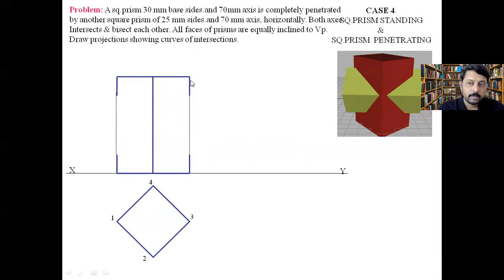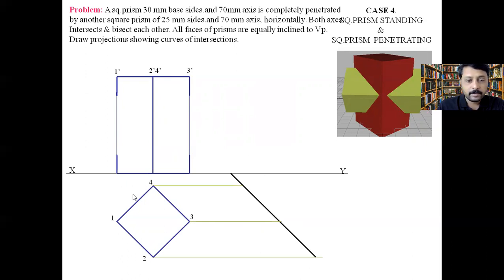So at first you can complete the view with thick lines, then later you can just rub and include the dash line. Also name this as 1 dash, 2 dash, 3 dash and 4 dash. 1, 1, 2, 2, 3, 3, 4, 4. This is how we have to draw. Take the projection to the side view like this, 1, 3, 2 and 4.